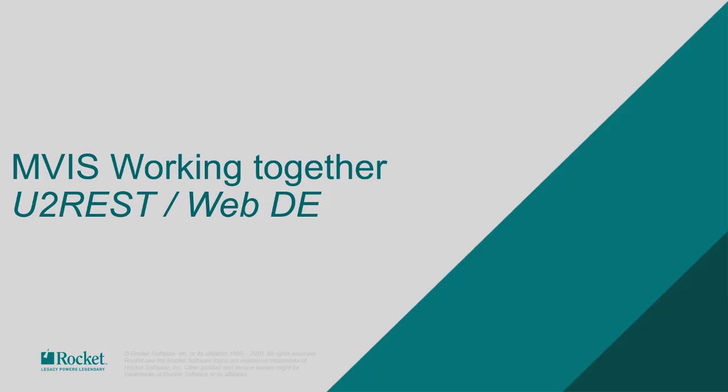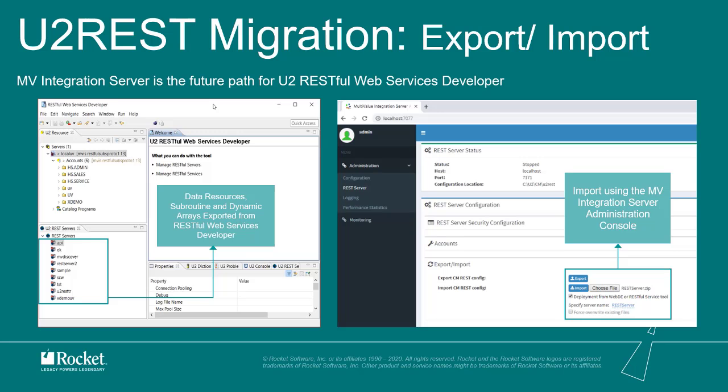So let's talk about how MVIS works with our existing platforms that we've provided, particularly U2 REST and WebDE. Starting with U2 REST here, if you want to take your existing RESTful services that are being created through the RESTful U2 REST server, it's a simple export and import function so that those RESTful services can then leverage all of the benefits of MVIS.